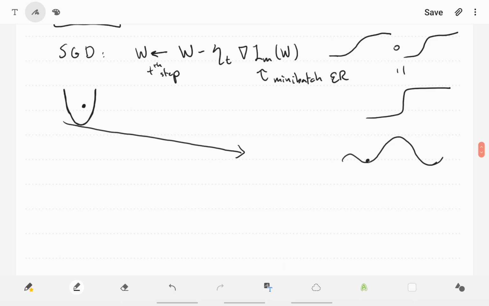So it could allow you to jump, for example, out of this local minima just because it's a noisy update. Whereas with gradient descent, you would never get out of this local minima if you were at that minimum point, because the local minimum would be a stable point for gradient descent, but not necessarily for SGD.